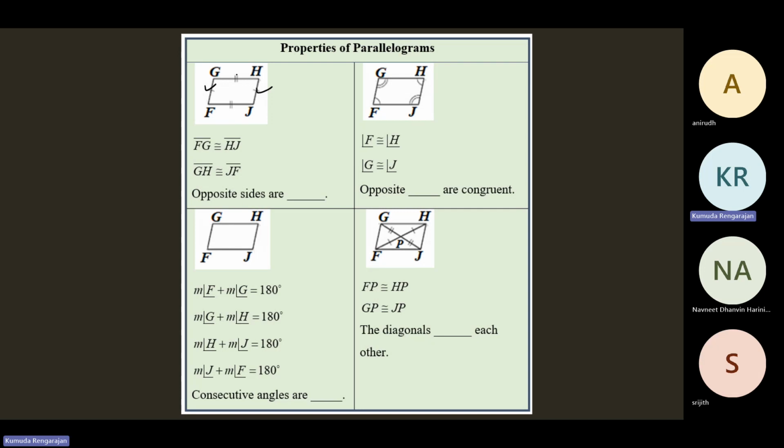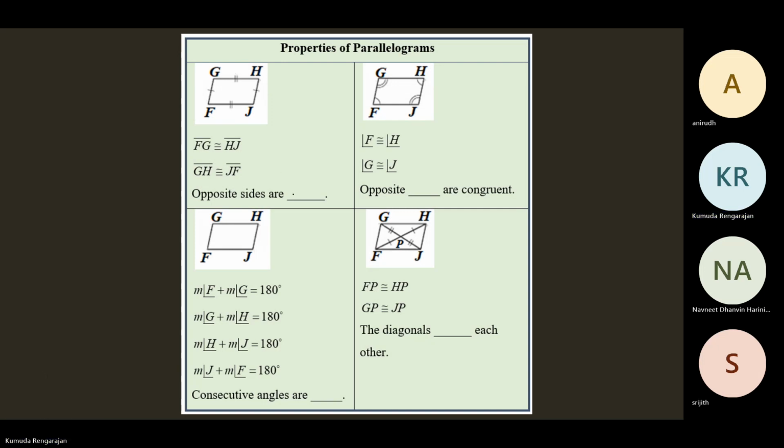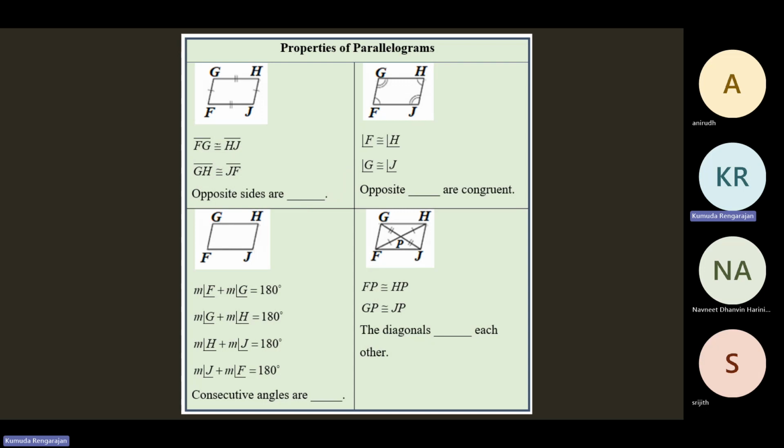And GH is congruent to JF, because it's a parallelogram. So what do we understand? Opposite sides are equal, or you can say opposite sides are congruent. You should say congruent here because they've used the congruency symbol. If I use the equal to symbol, you can say equal.